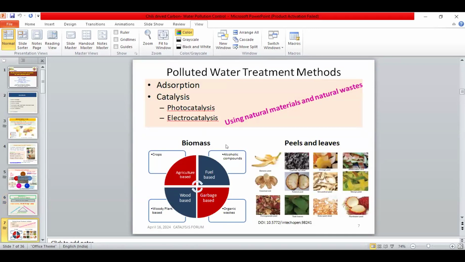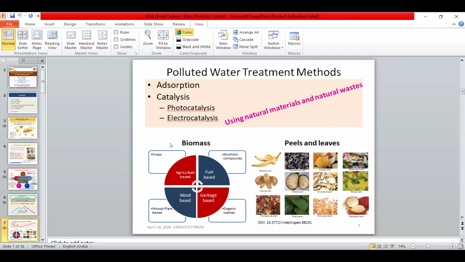Coming to polluted water treatment methods, we adopt two common processes, that is adsorption and catalysis. This catalysis may be photo-driven or electro-driven, using natural materials. The source of these natural materials is biomass and biowaste.